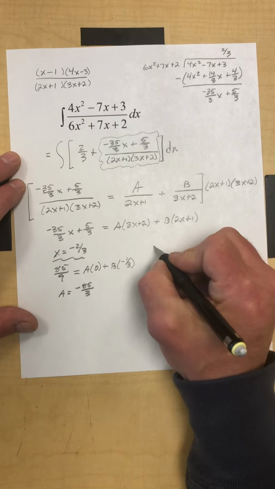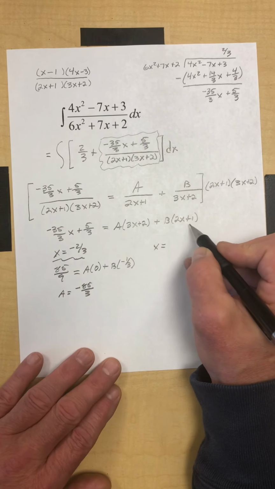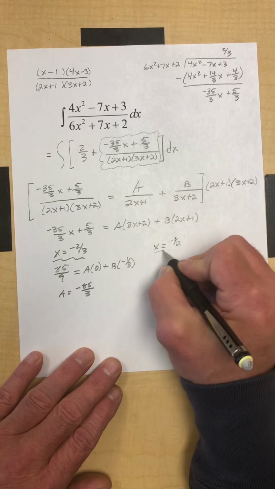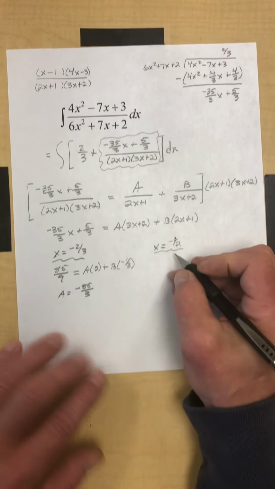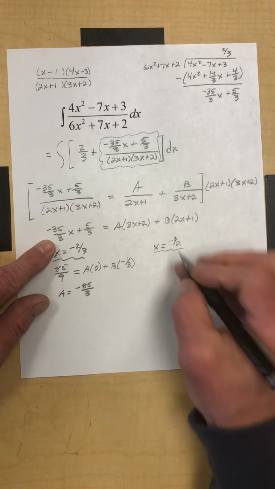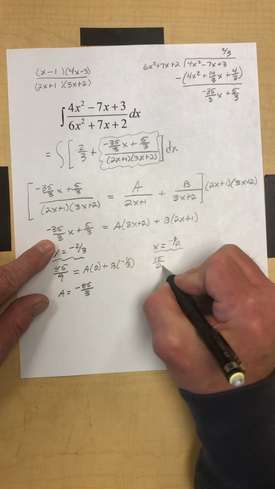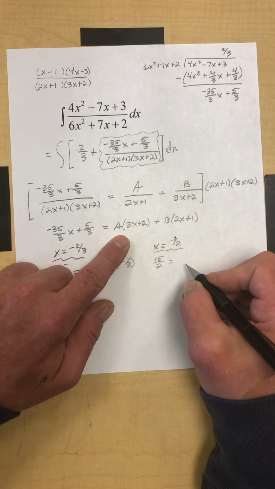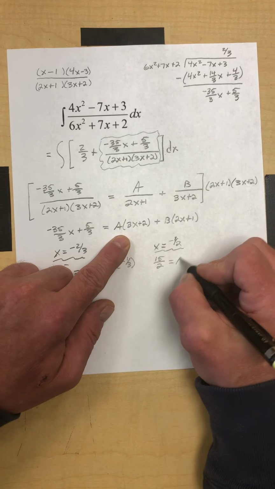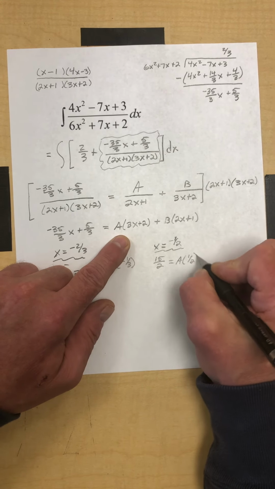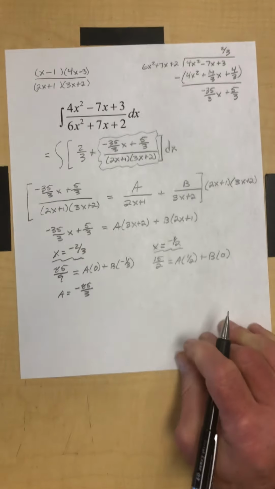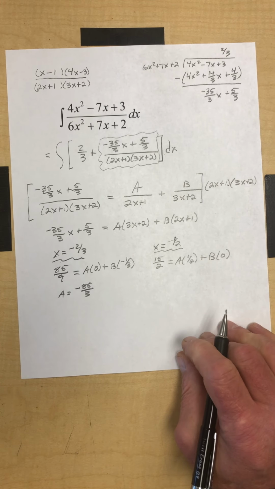Now I let x equal negative 1/2, and that makes this term 0. Putting negative 1/2 in and using your calculator, you get a positive 15/2 equals, with negative 1/2 in here, negative 3/2 plus 2, so A times 1/2, plus B times 0.